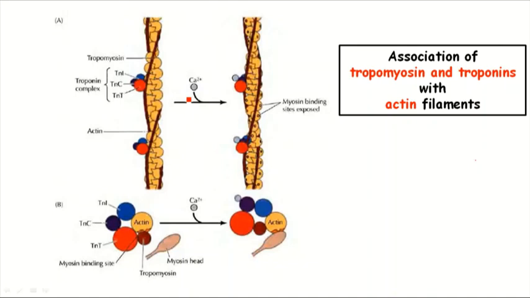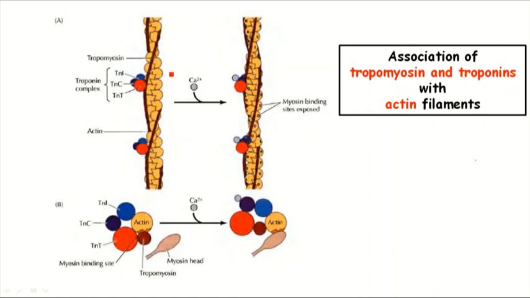Okay, in the absence of calcium, this tropomyosin and troponin complex blocks the binding of myosin to actin. The binding of calcium to troponin C shifts the complex, and it gives the place where the myosin head can bind to the actin.